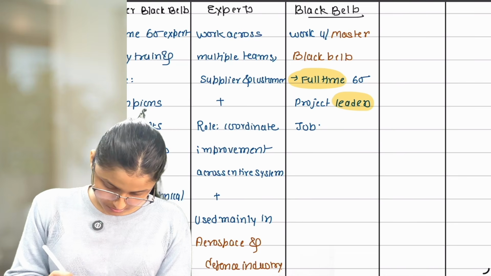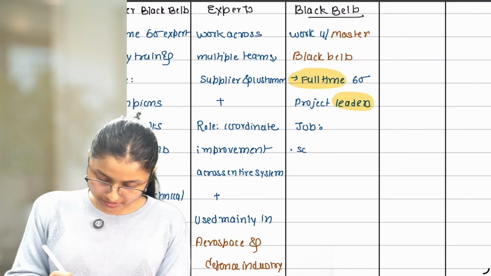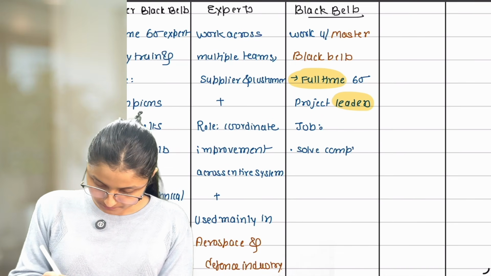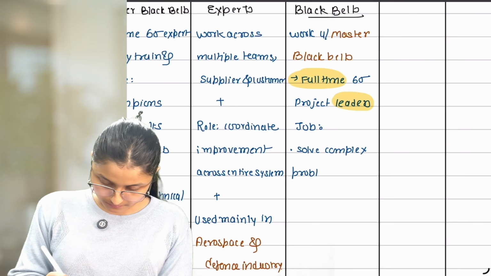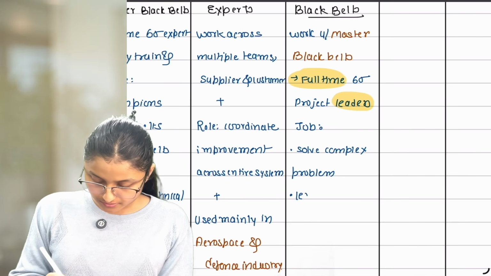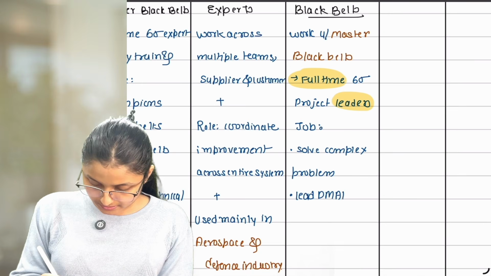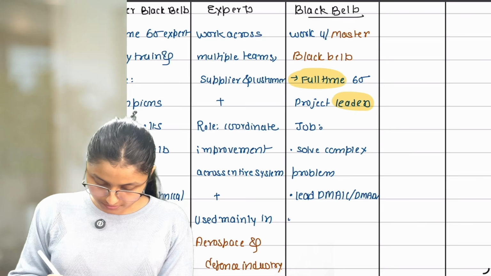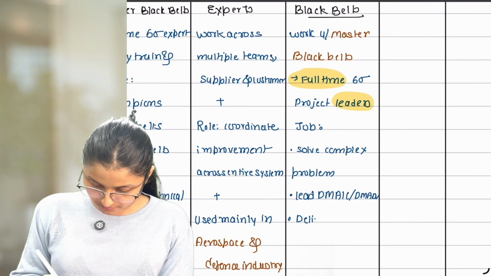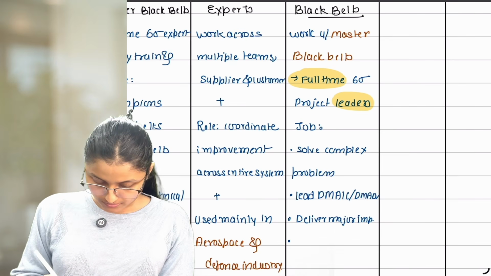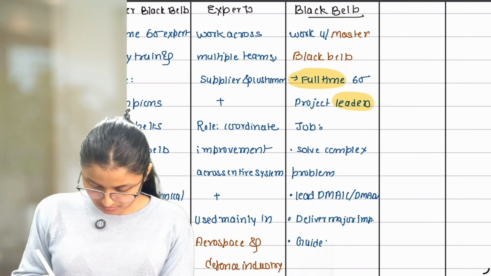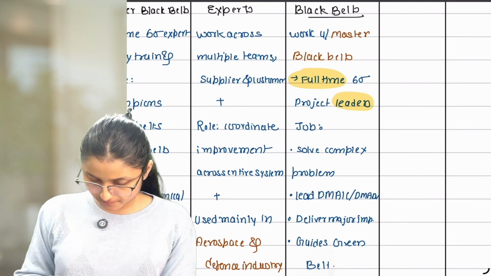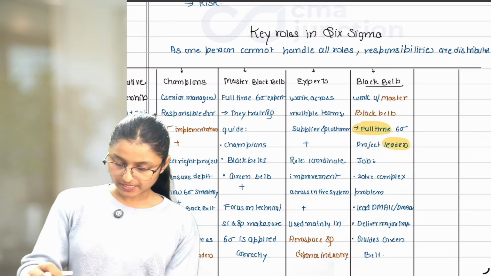Their job is to solve complex problems, lead DMAIC and DMADV, deliver major improvements, and guide green belts. This is about black belts.